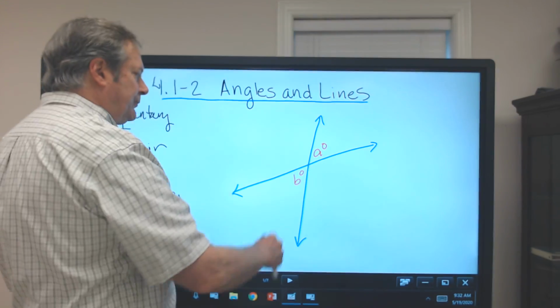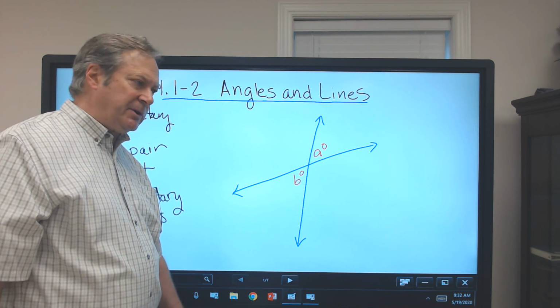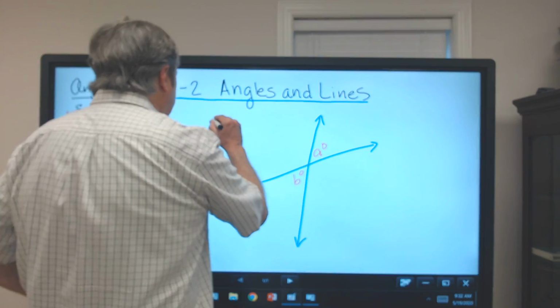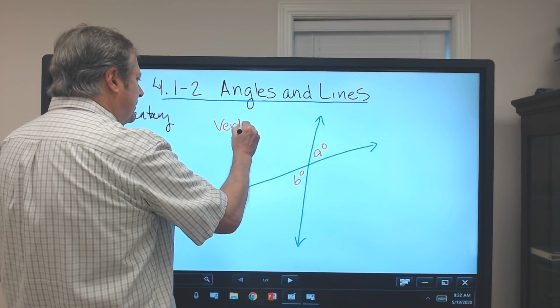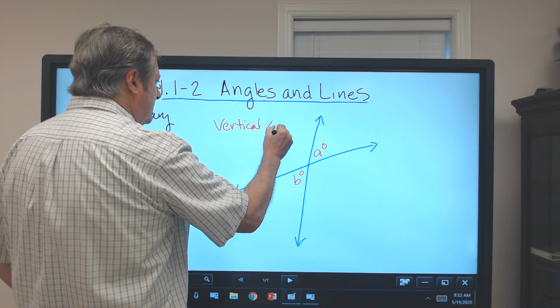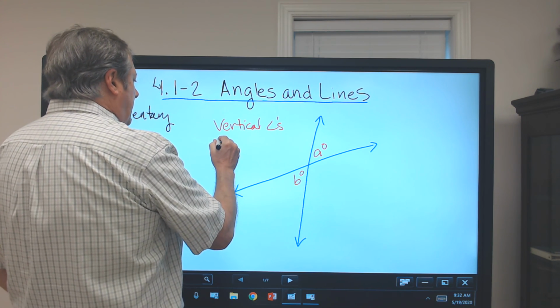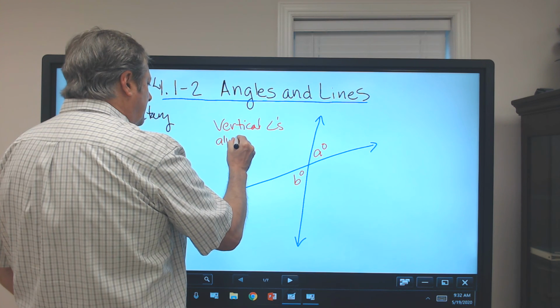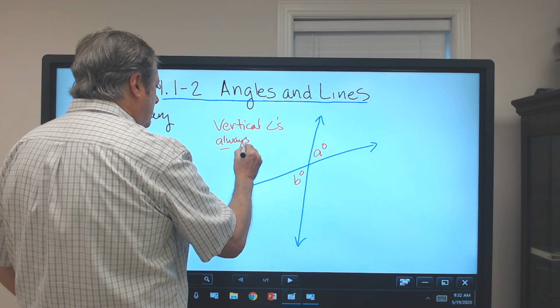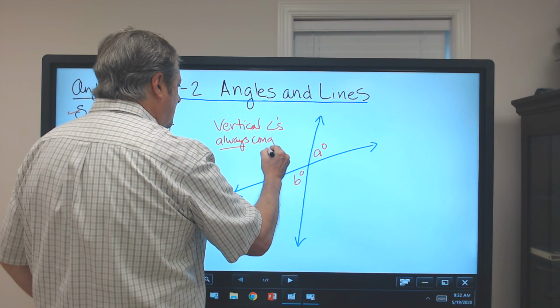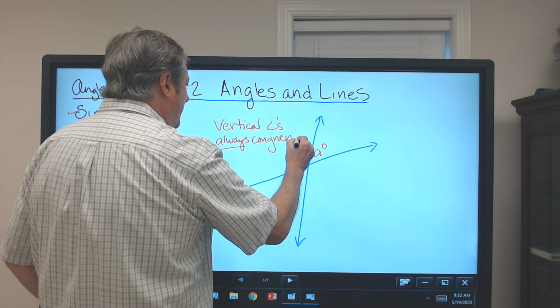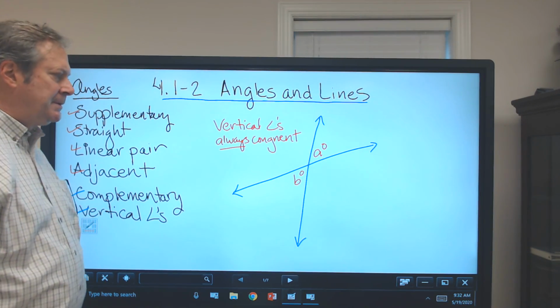So if A was 25 degrees, B would have to be 25 degrees. So let's label these as vertical angles. And they are always congruent. Congruent means same size, same shape.